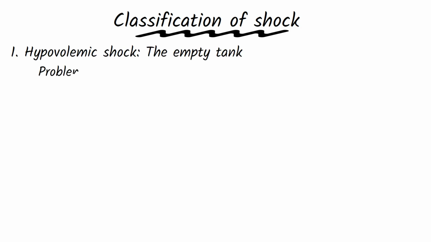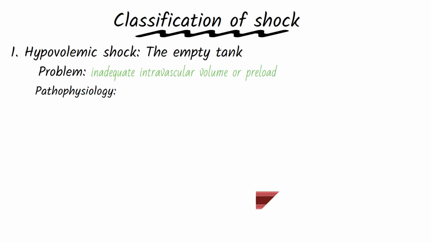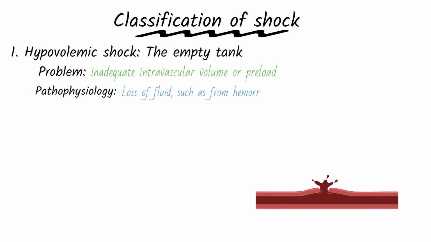The key to managing shock is to rapidly identify its cause. Shock is classified into 4 main types based on the primary physiological problem. We have hypovolemic shock, which is the empty tank. The problem here is inadequate intravascular volume or preload. There is loss of fluid such as from hemorrhage or severe dehydration that leads to a reduced stroke volume and cardiac output.